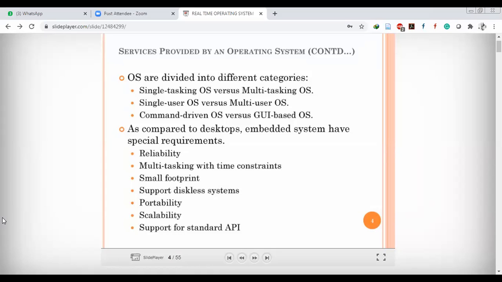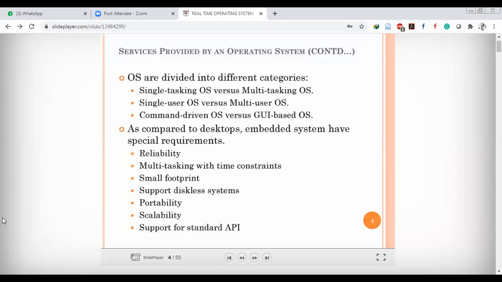Support diskless systems, like floppy disks, CDs or DVDs. That is the diskless systems. And simple data transfer is only through GUIs.